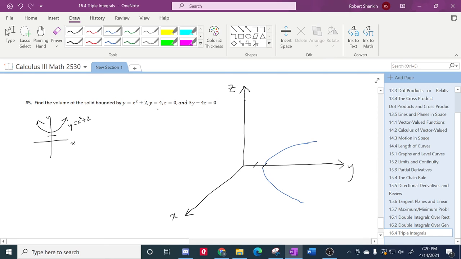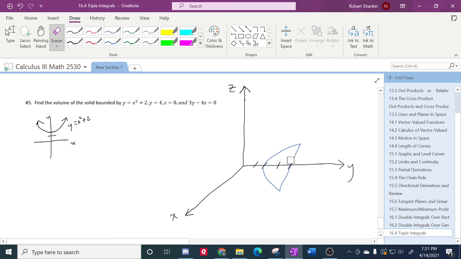And then all these other planes: y equals 4, you only go out this far, meaning from here on we're not interested. So let me erase this part of the parabola.